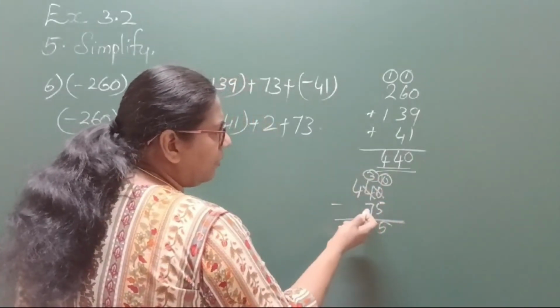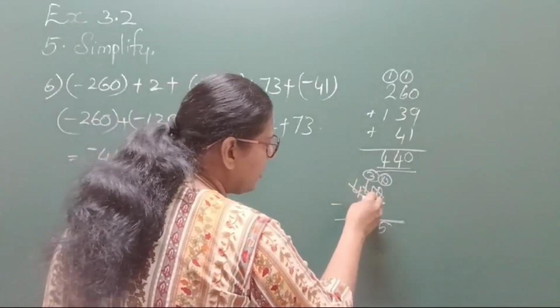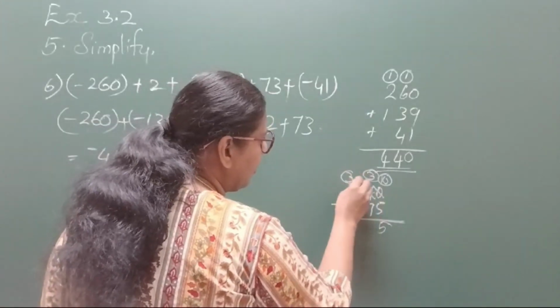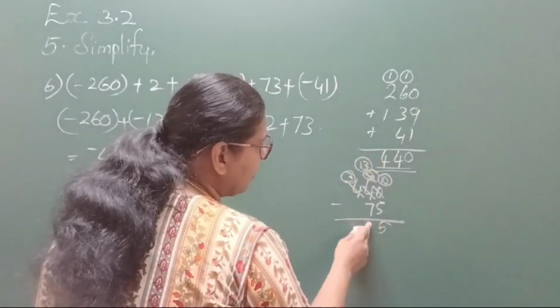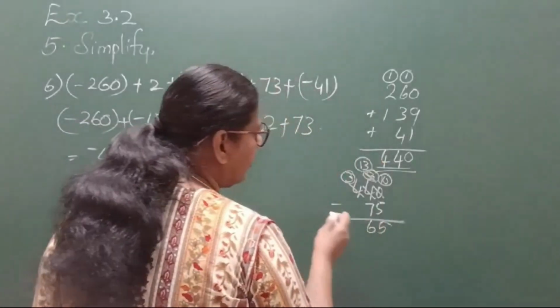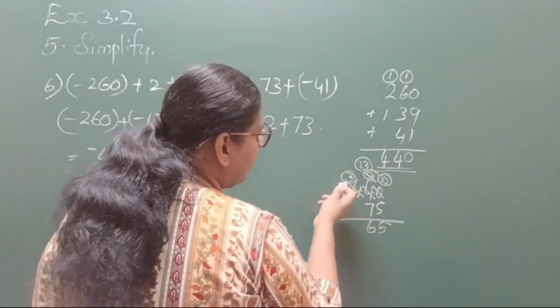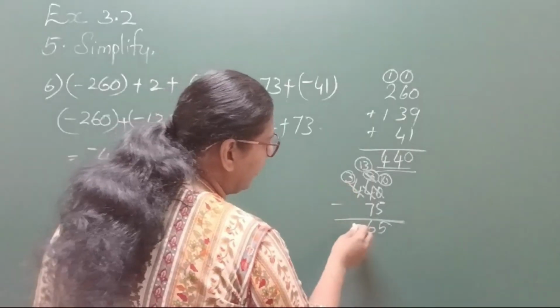Remaining 3. From 3 we cannot subtract 7, so we have to borrow from this 4. This 4 becomes 3, and this 3 becomes 13. 13 minus 7 is equal to 6. Then remaining only 3 here. Nothing is there to subtract, so we'll write 3 directly.